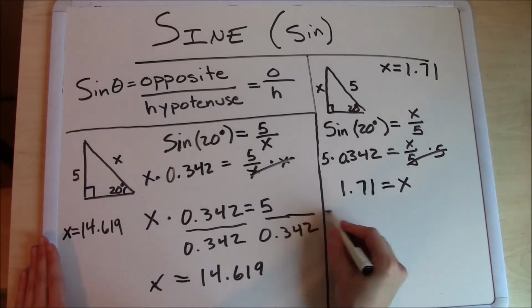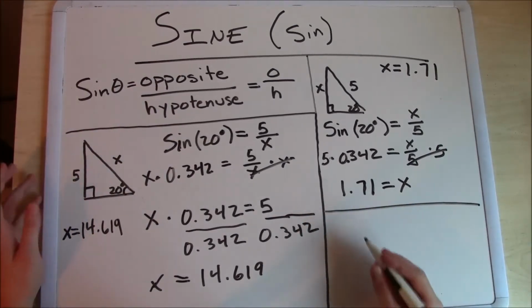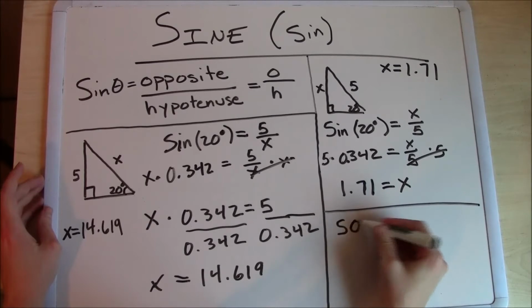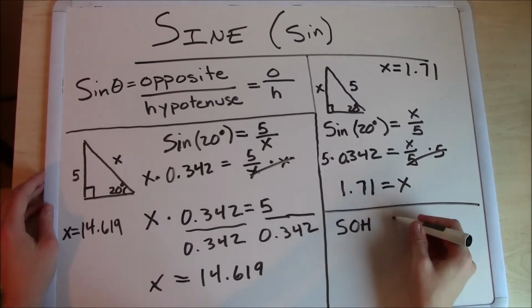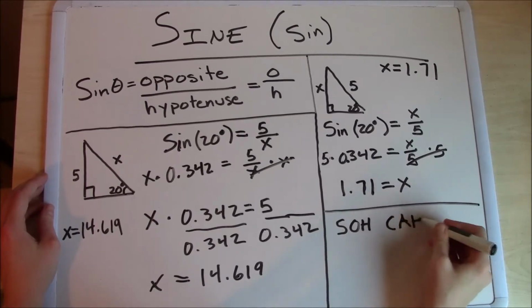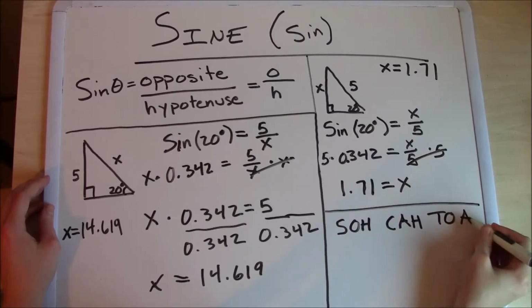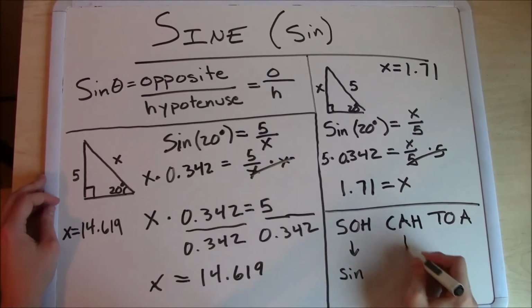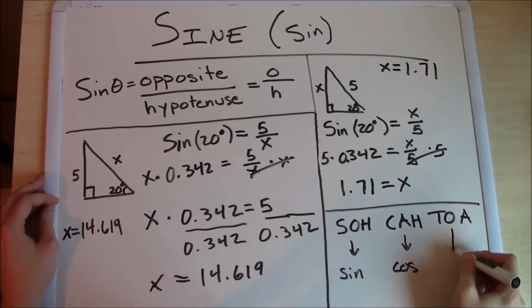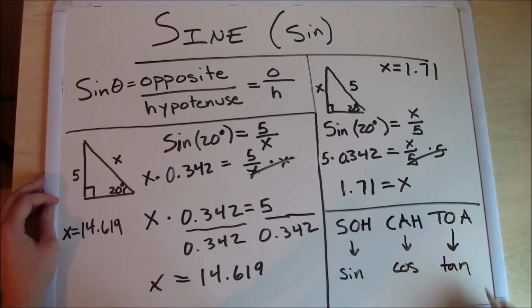A good way to remember sine is SOH, the rest of it is SOHCAHTOA. And this one is for the sine, cosine, and tangent.